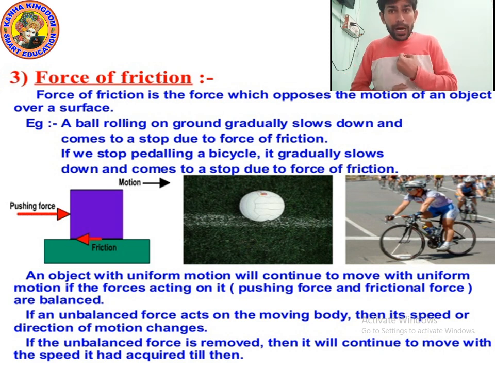You are applying force forward, but at the same time one more force is applied which cannot be seen. This force is applied on the back side, over the surface. This force is known as friction force.